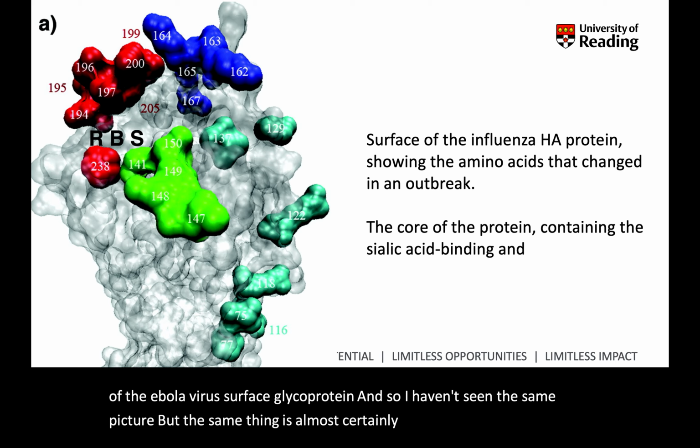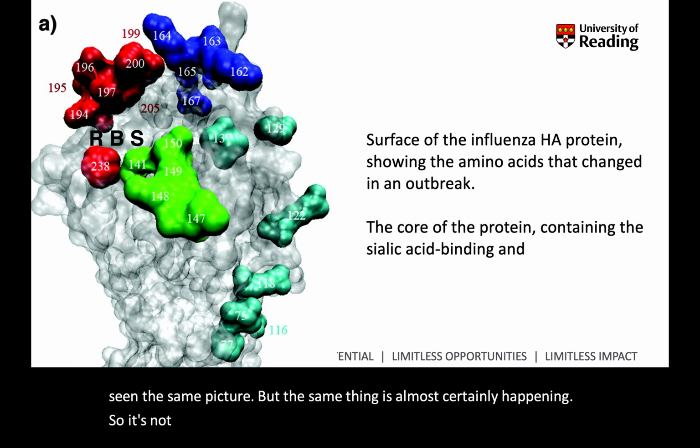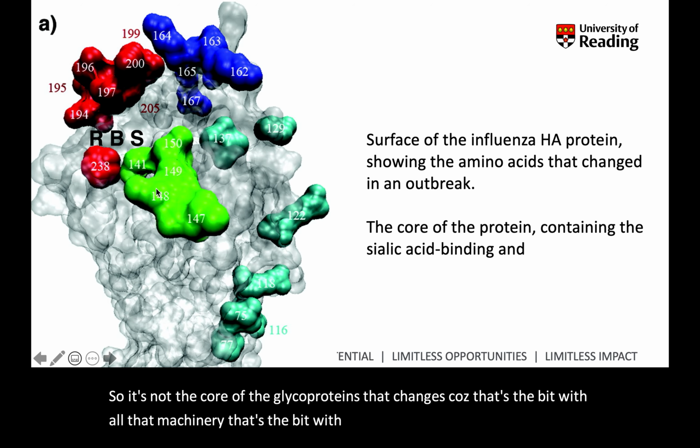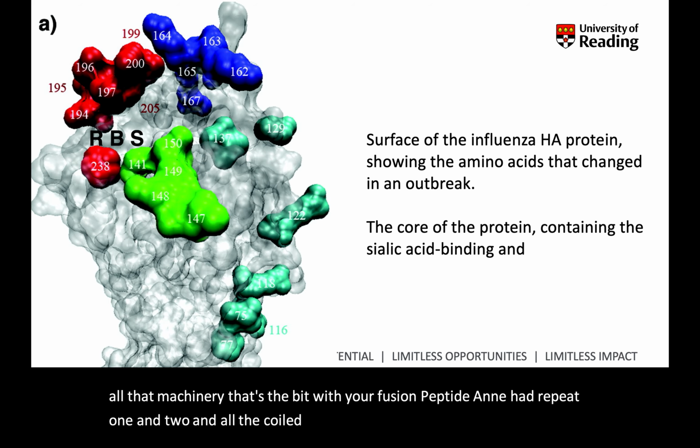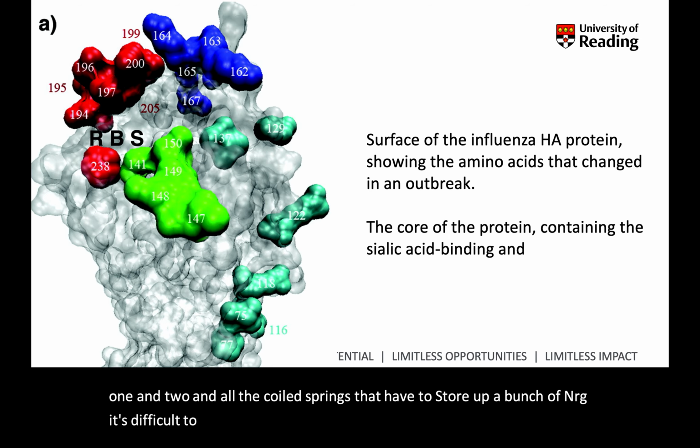So it's not the core of the glycoproteins that changes, because that's the bit with all that machinery. That's the bit with your fusion peptide and heptad repeat 1 and 2, and all the coiled springs that have to store up a bunch of energy. It's difficult to just randomly change those and still have a working glycoprotein that can go through all the metastable states.